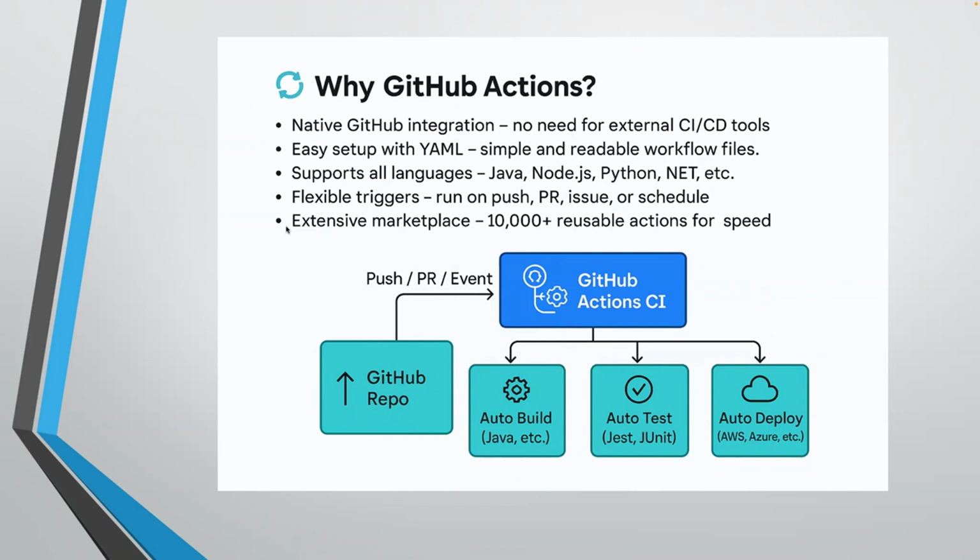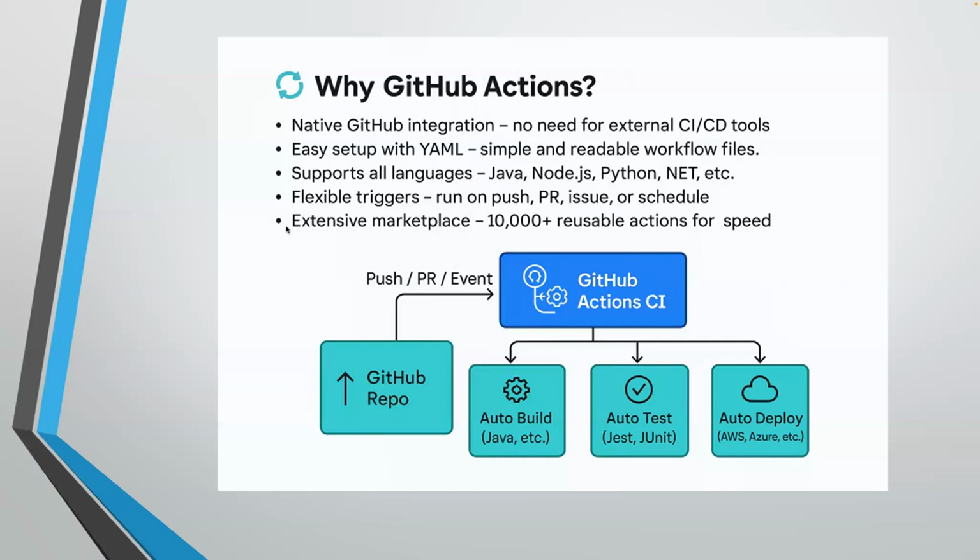So you don't have to go for any third party or any external CI/CD tool in order to implement continuous integration and continuous delivery. All you have to do is implement your CI/CD workflow by writing a YAML file. Using that YAML file, you would be able to implement the entire CI/CD workflow.